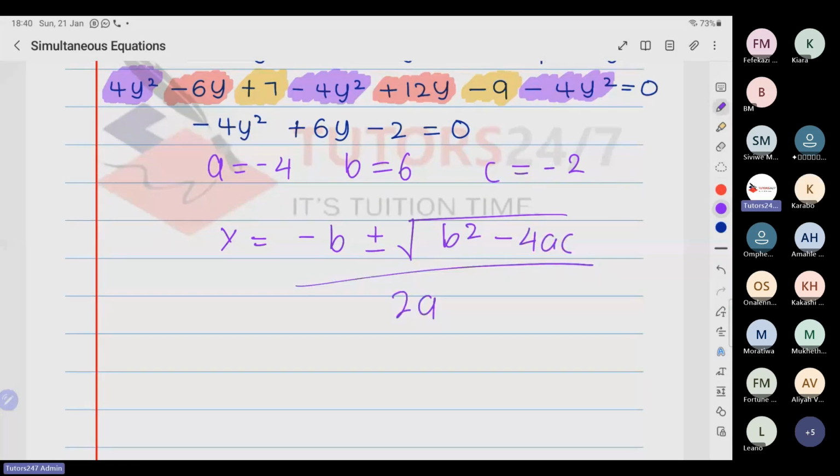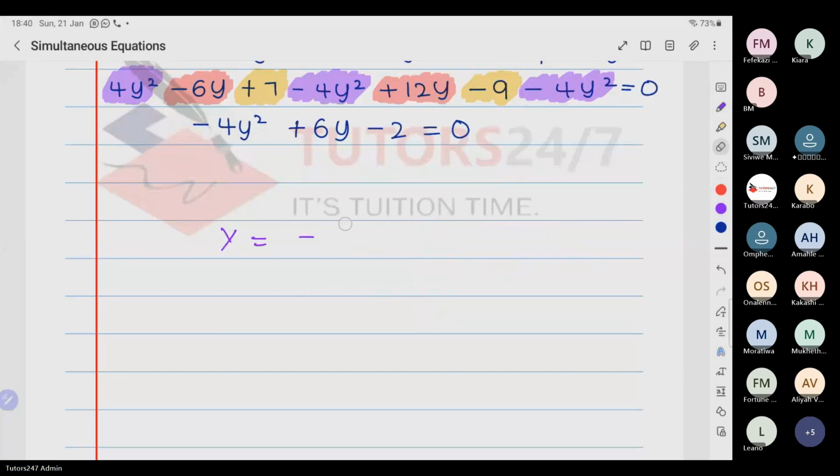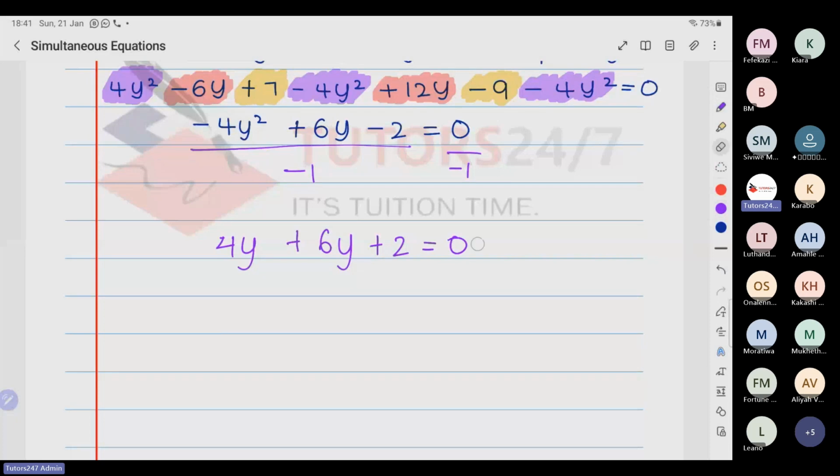It doesn't matter. Another option is you could have divided both sides by -1, and you would have ended up with 4y squared minus 6y plus 2 equals 0. You would have ended up with the exact same answer we got.